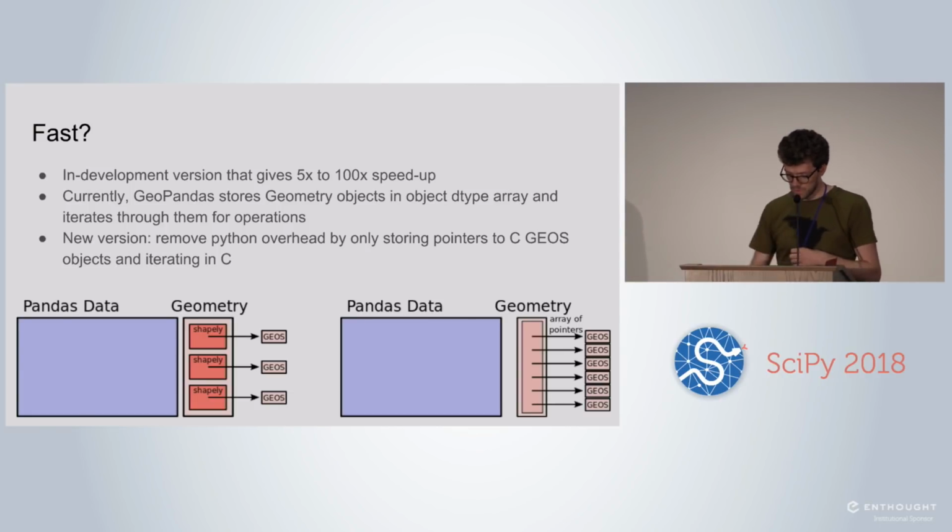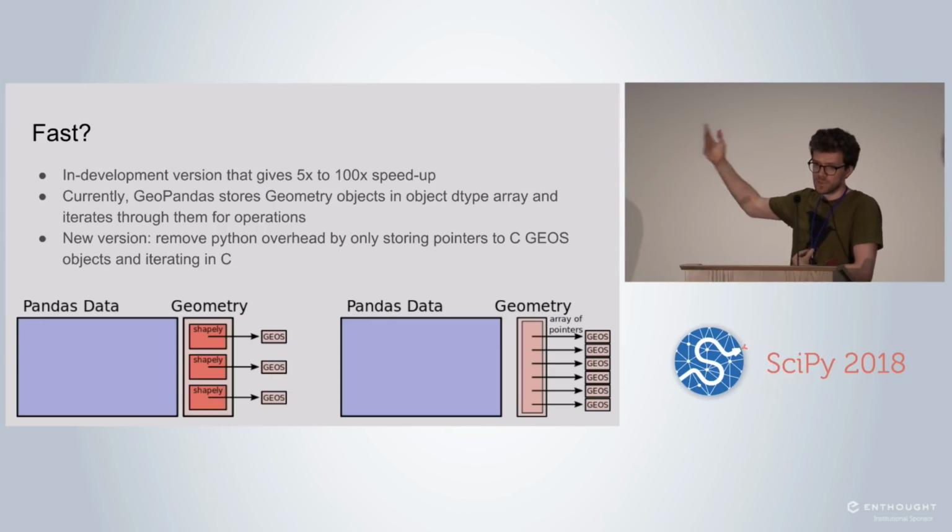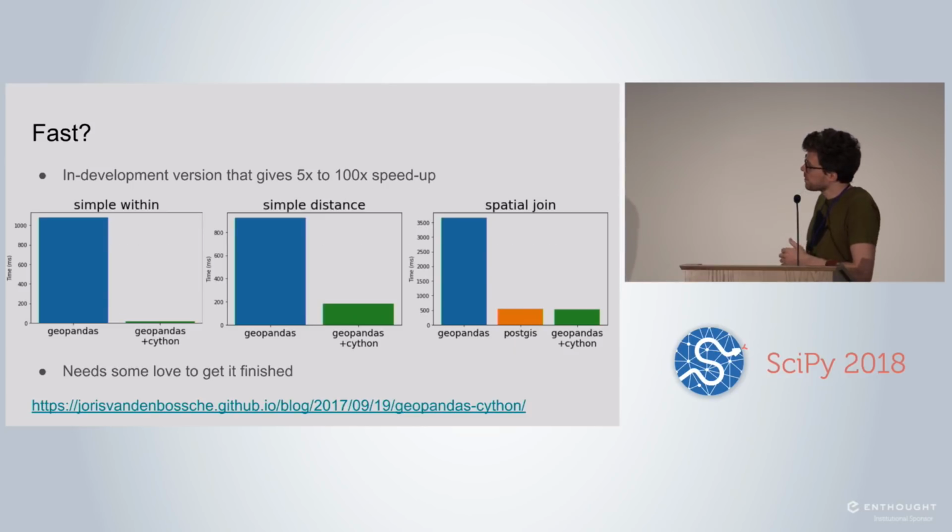I'm not going into the details here, but hopefully in the future we can have a version of GeoPandas that can be much faster than the current one. It needs some attention, some time to get that finished, but it's already certainly functional. There is a branch that you can check out if you're interested.